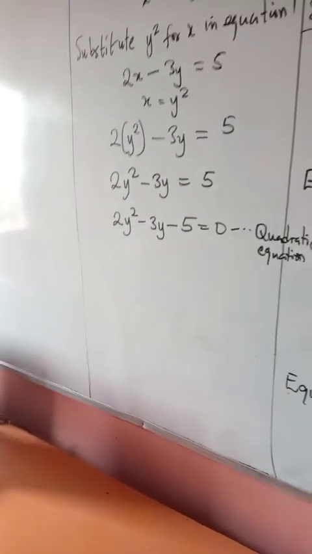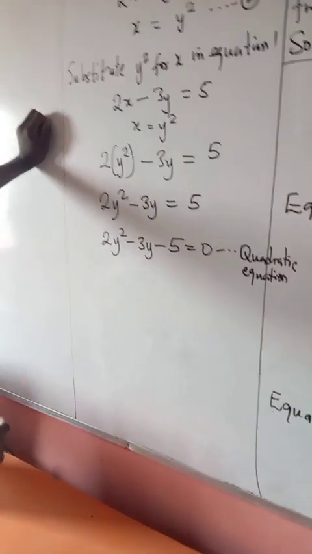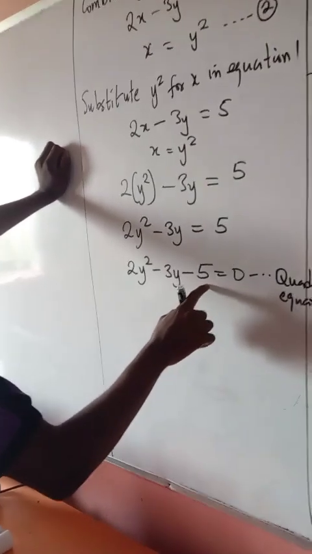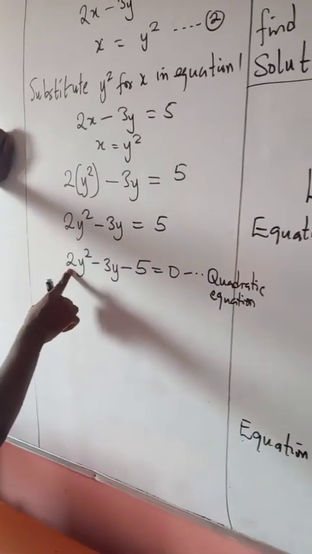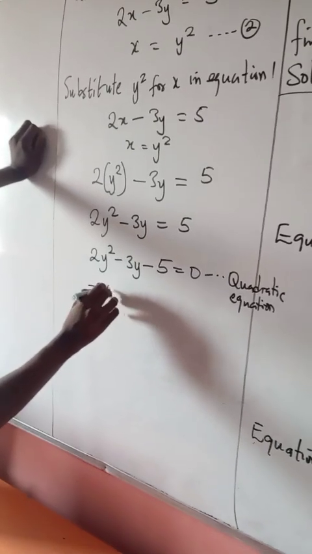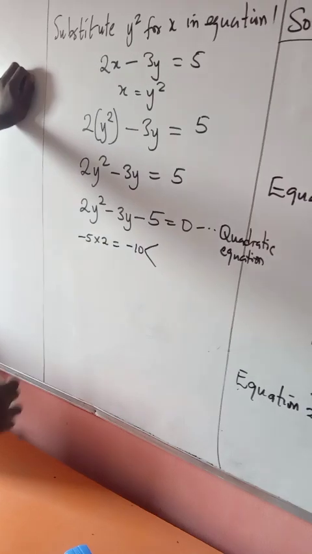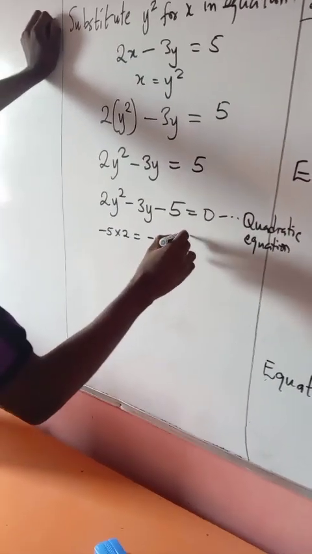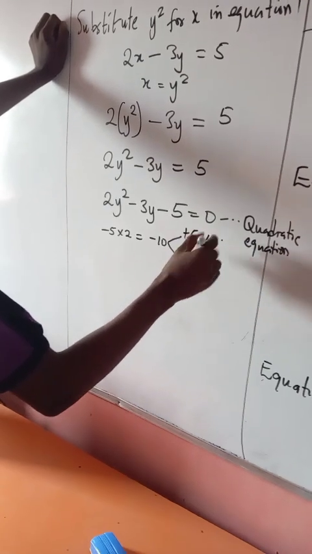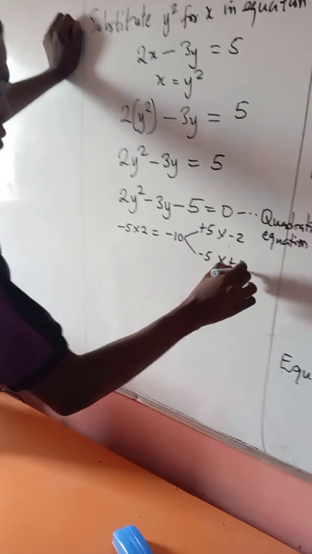So let's solve this quadratic equation using the factorization method. By the method of factorization, I will multiply the constant, minus 5 times 2, to give me negative 10. Factors of negative 10: we have plus 5 times minus 2, we have minus 5 times plus 2.